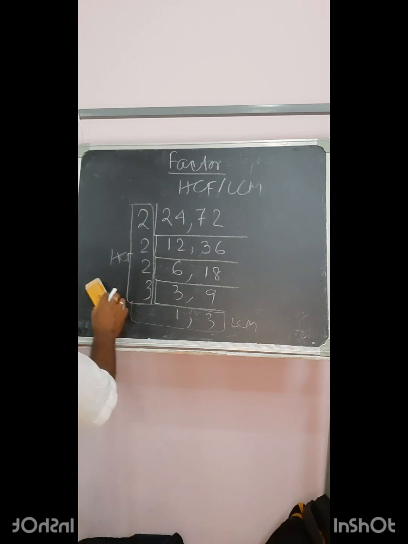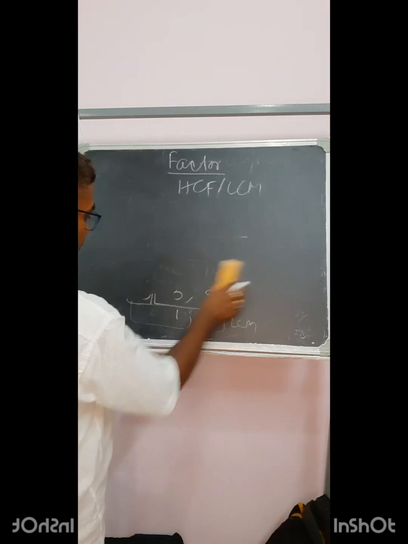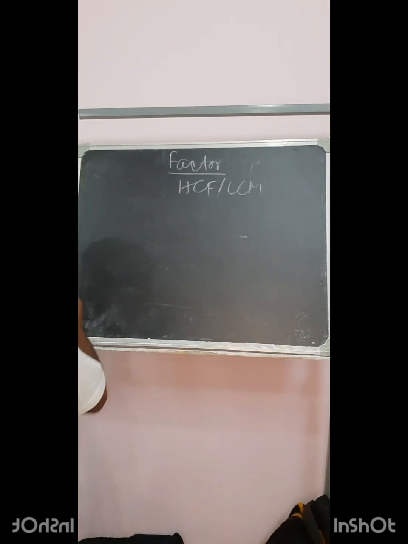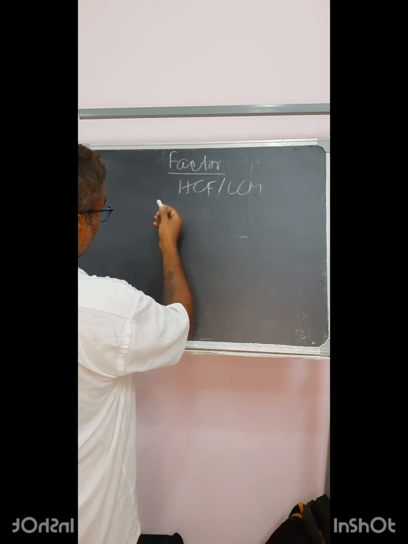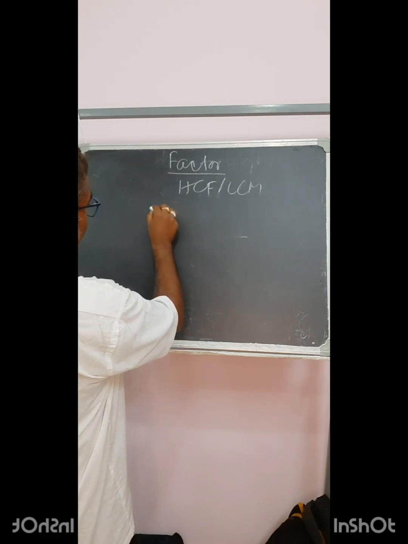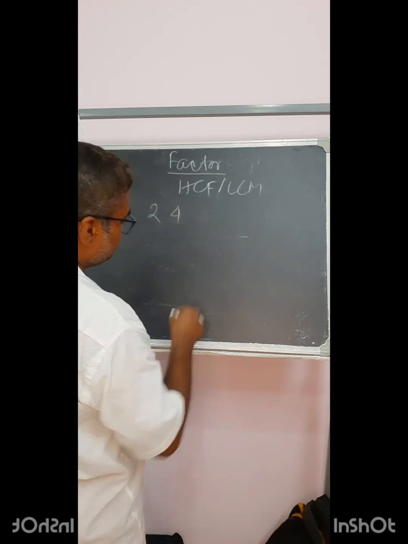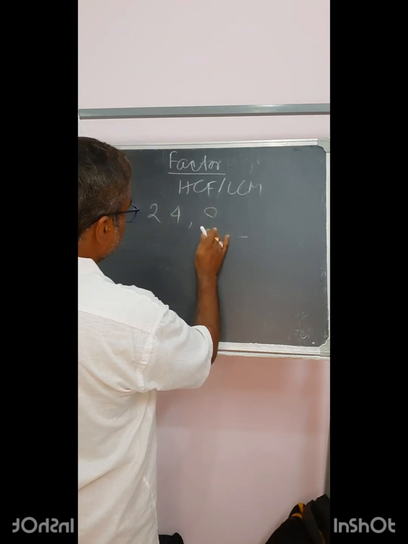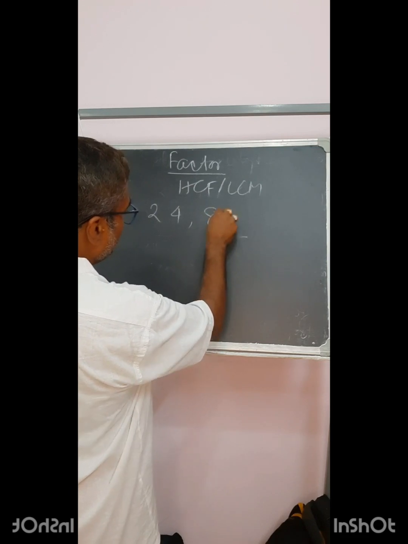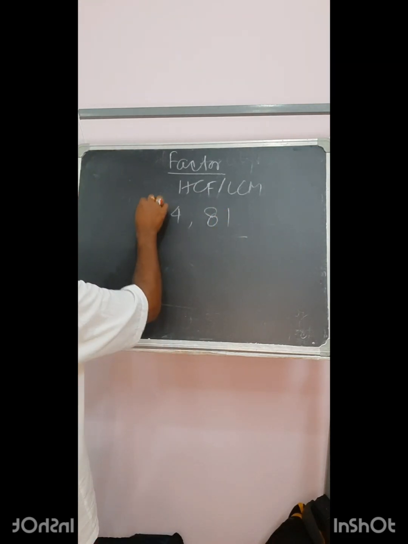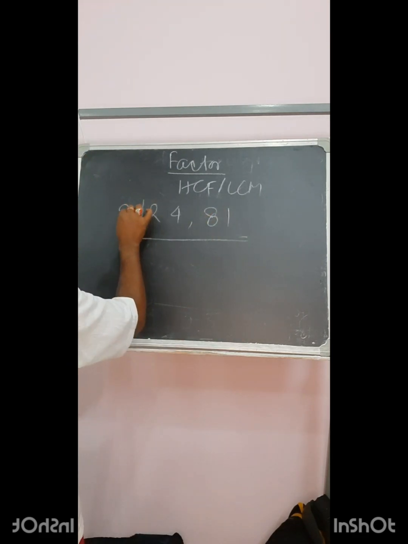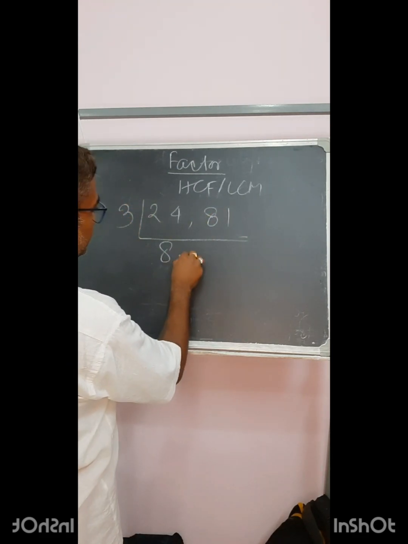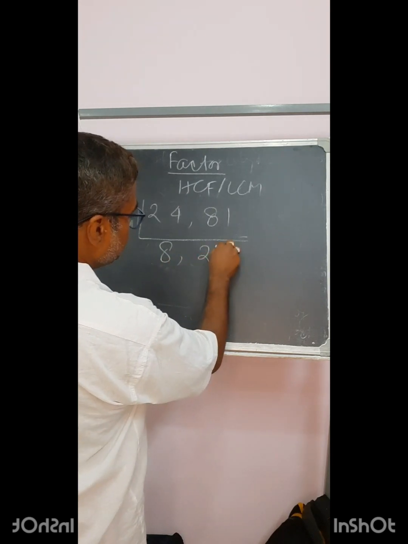Let me take another example where apart from 1 something else will come as the last value. If I take 24 and 81, say, here 2 won't come as a common factor. Rather, if I take 3, 8 and 27.